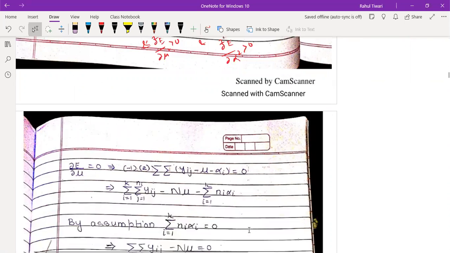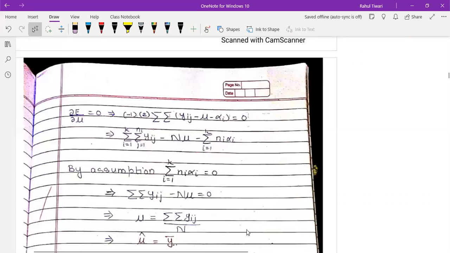Simple derivative. Then this is a constant, goes to the left-hand side, and the right-hand side equates. So you know this condition. This condition means your summation of n_i alpha_i is 0, right? By assumption. So if summation of n_i alpha_i is 0, that means this term is 0.